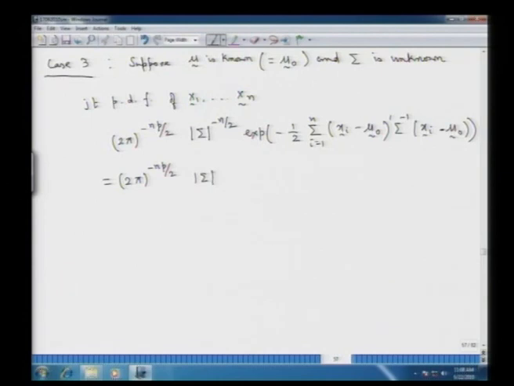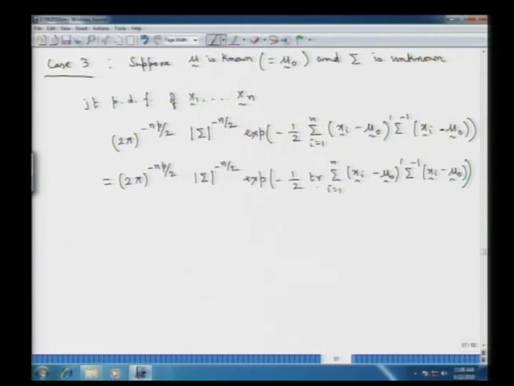So, let us write these terms as they are, and then we will write this exponent term as follows. Note that this particular term is a scalar quantity, and hence we can write the trace of that quantity. So, it is half trace of summation i equal to 1 to n (xi minus mu naught) transpose sigma inverse (xi minus mu naught).